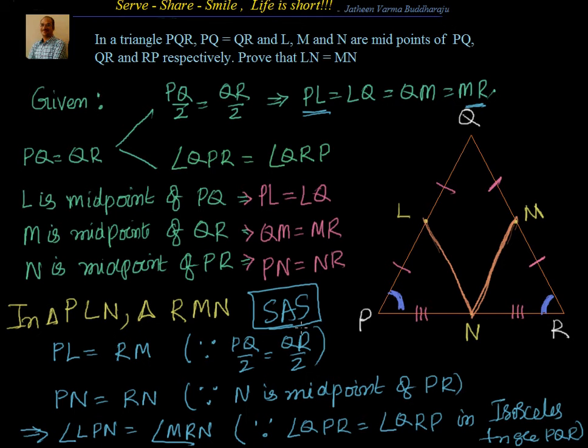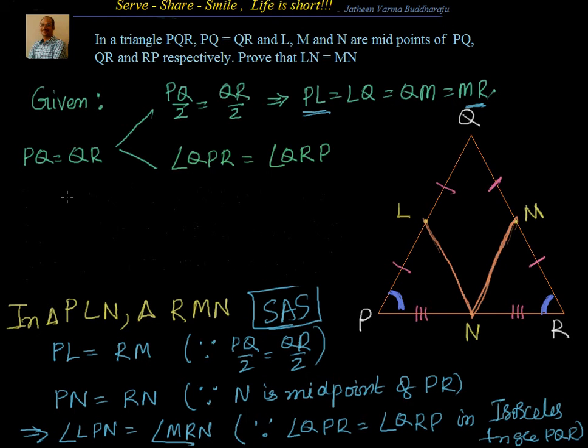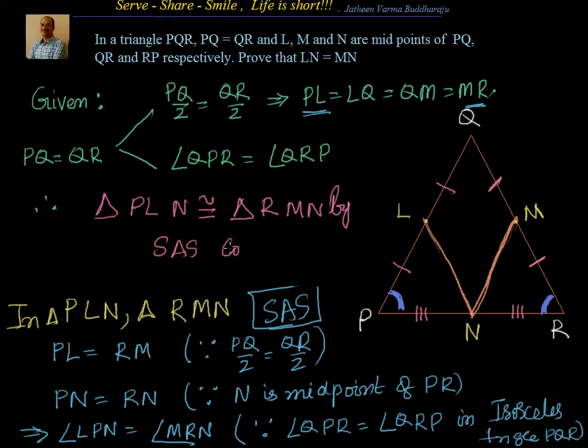Now once these two triangles are congruent by SAS, you can see that by CPCT. Let me write it down. We can say therefore triangle PLN is congruent to triangle RMN by SAS congruency.